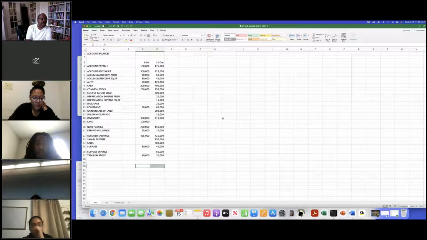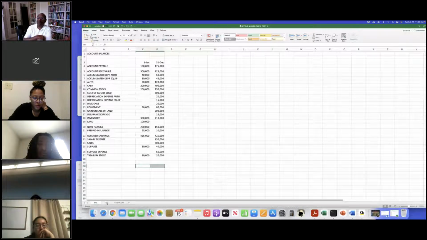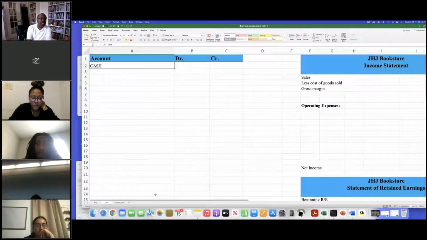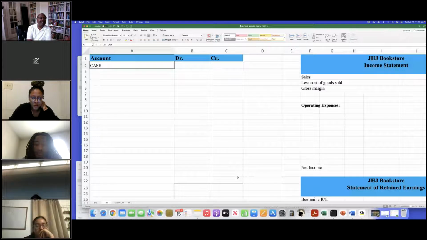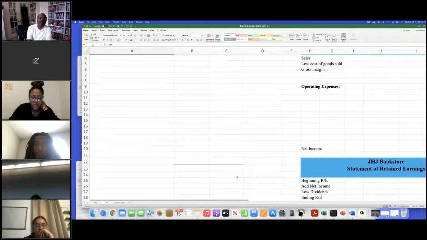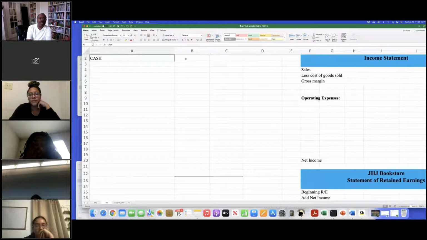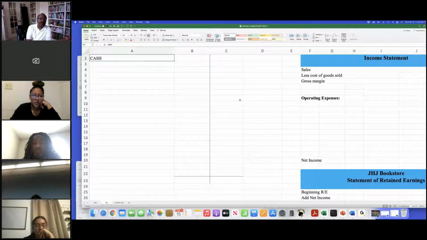So when you come to the trial balance, what are you going to do on the balance sheet with the change in cash flow? Can't do that. You don't have a balance sheet yet. You've got to create it. So the first thing I would do, since the 200,000 was the beginning, I put 200,000 right here.